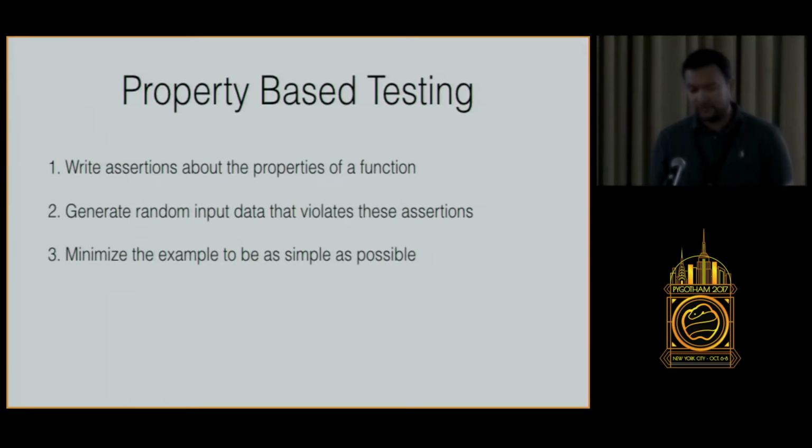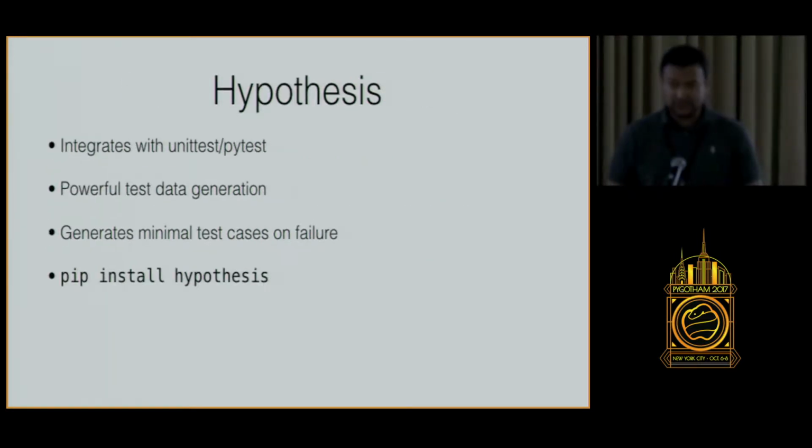You write assertions about properties of your function, you generate a bunch of random data, and then you make sure that that property holds. And tools like Hypothesis have some interesting things above what we just saw in our code sample there. Particularly, one of the nice things that it has is the ability to minimize an example. So if it finds some input data that violates some property, it will try to shrink that test case to as small an example as possible so that you have a very succinct test case.